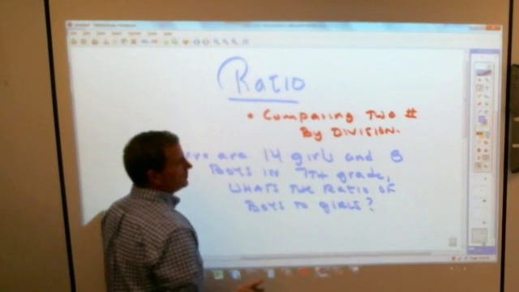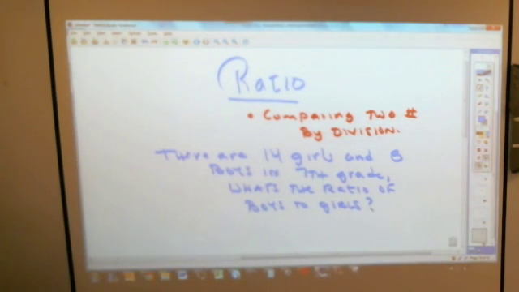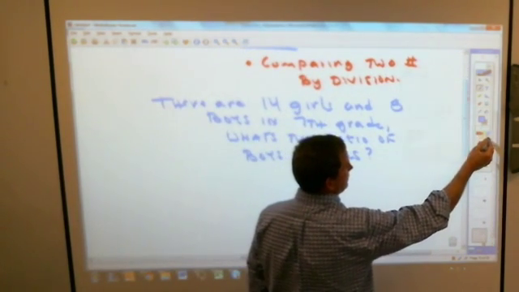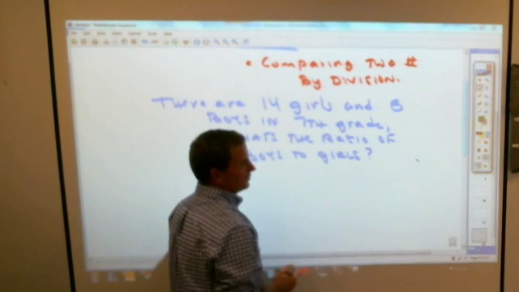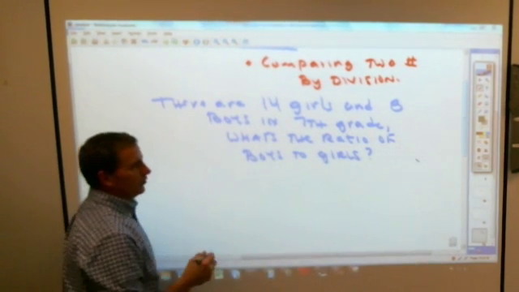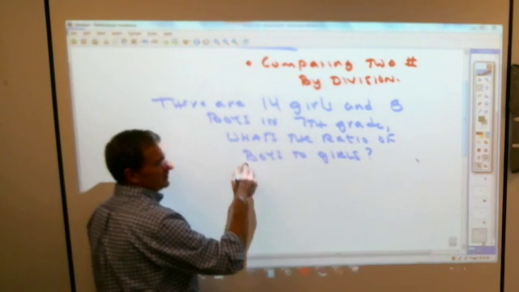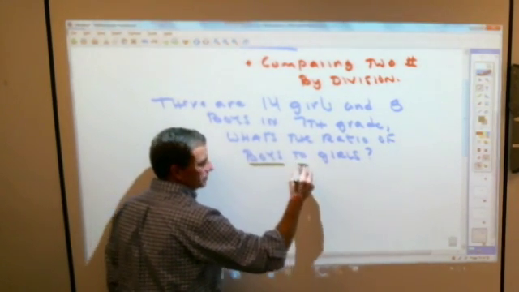So basically, you are asking what is the comparison of boys to girls. In this case here, here is what you must very much keep in mind, okay? Order matters. In other words, the ratio they're asking you for is boys to girls.